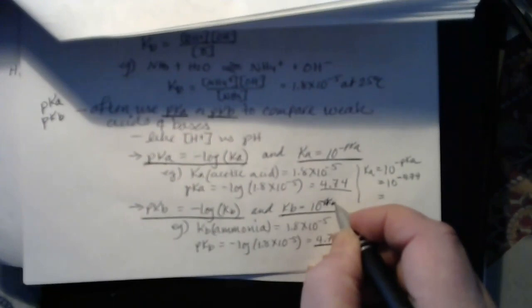It works similarly with pKb. pKb is the negative log of Kb, and Kb itself is 10 to the negative pKb. The Kb of ammonia is 1.8 times 10 to the minus 5, and therefore the pKb for ammonia is 4.74.